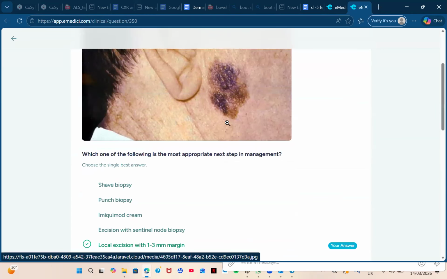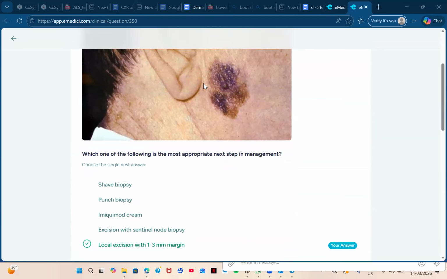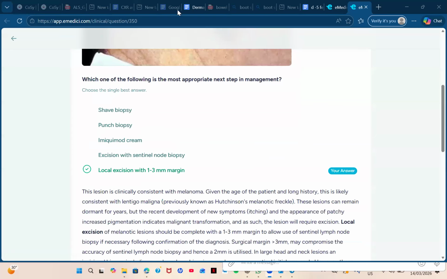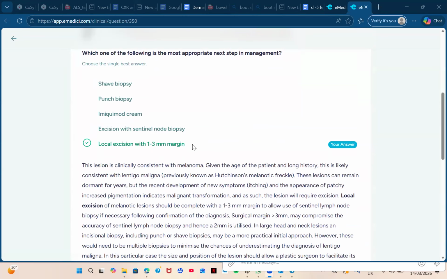I think that is why you shared this question, because we usually know 1 to 2 millimeter lateral margins. Even so, here we have to go with the 1 to 3 millimeter margin, because that is the best answer here.